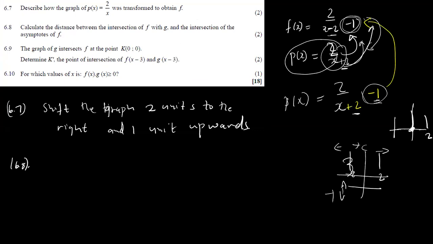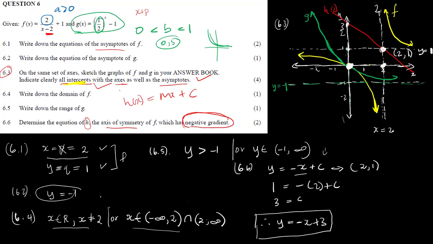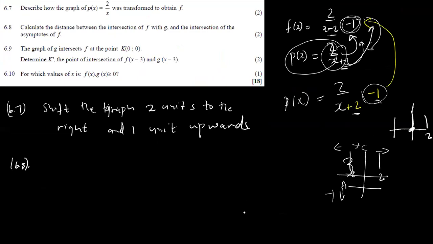To the intersection of the asymptotes of F. These are the asymptotes of F, remember? This thing over here. So we want the distance from there to there. We're going to use the distance formula because we know the coordinates over there. Here it's (0, 0), and there it's going to be (2, 1). We use the distance formula to determine that distance. Simple as that. So that's how we're going to answer 6.8.